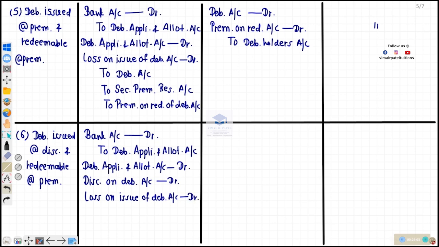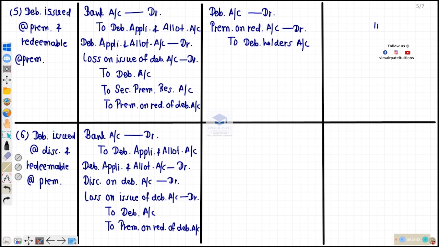Loss on issue of debenture 20, to debenture 100, to premium on redemption of debenture 20.